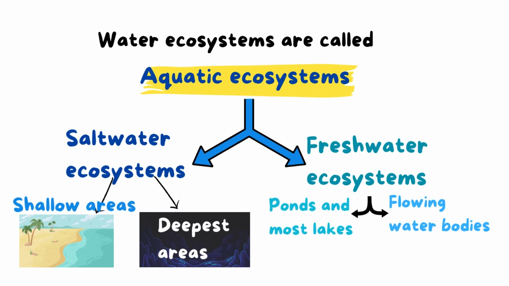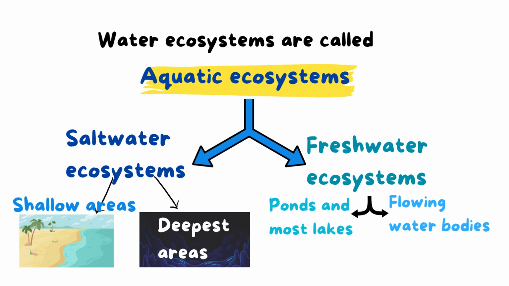Okay, now we will talk about water ecosystems. This is called, as we mentioned, the aquatic ecosystem. We can classify the aquatic ecosystems into two parts: salt water ecosystems and fresh water ecosystems.